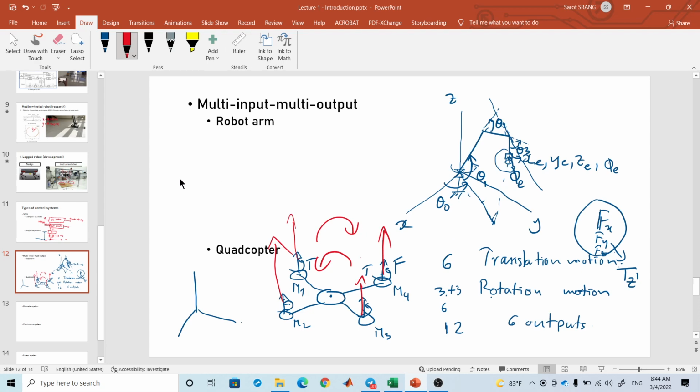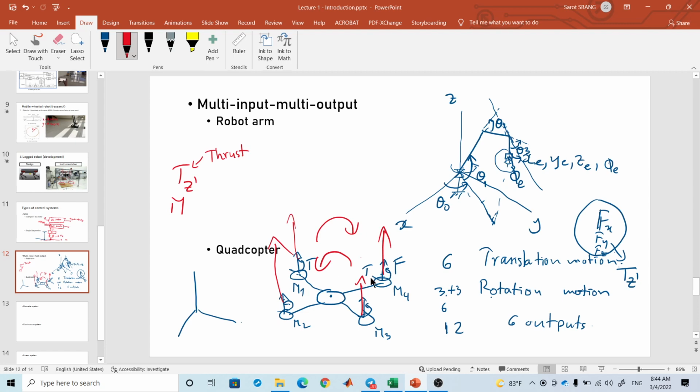So the input is only T on the Z prime, the Z of the body frame. This comes from thrust. Okay, thrust. And then torque.